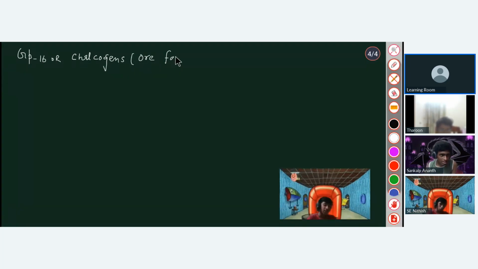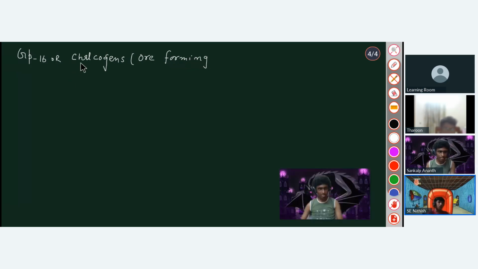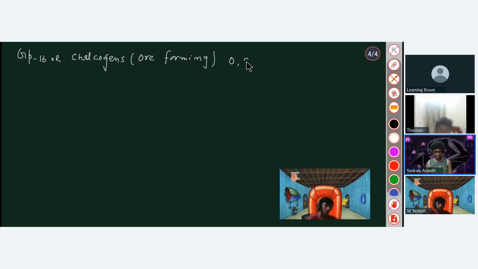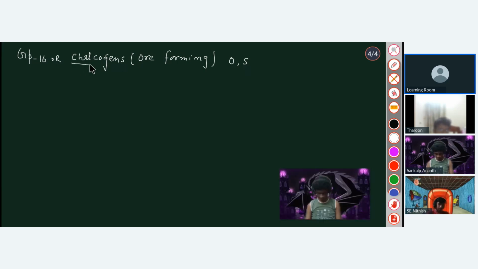Chalcogen means ore forming. It is spelled CHALCOGENS.